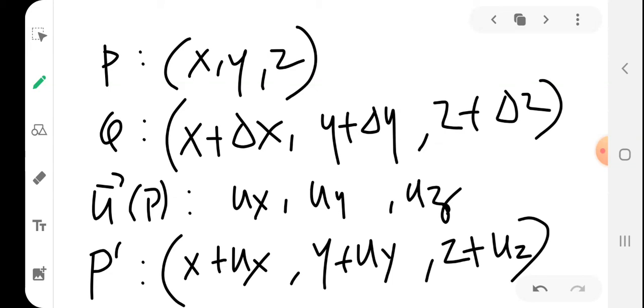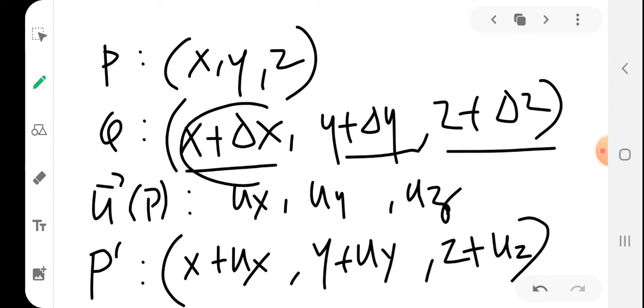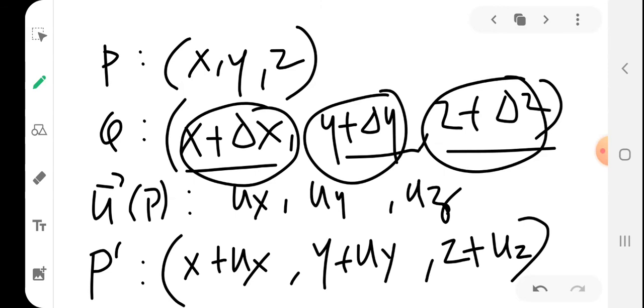Since the displacement vector is ux, uy, uz, the x will be displaced to x plus ux, y will be displaced to y plus uy, z will be displaced to z plus uz. So what will be q dash? This is the original q.